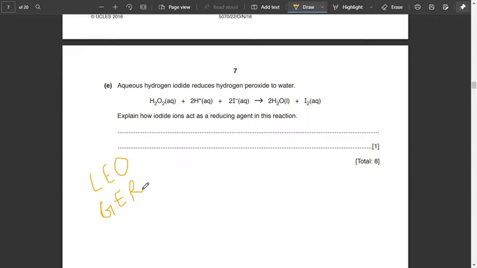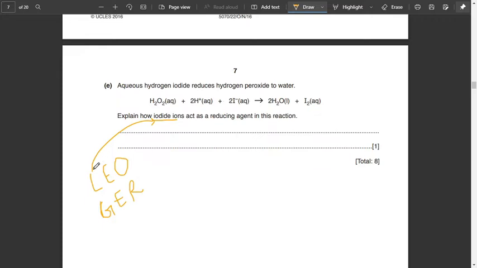So as we can see, it gives its electrons to hydrogen peroxide over here, hence this redox reaction has taken place, where one loses electrons and the other gains electrons, because iodide ion is losing electrons, right? It causes the other thing to reduce as it gains electrons, right?